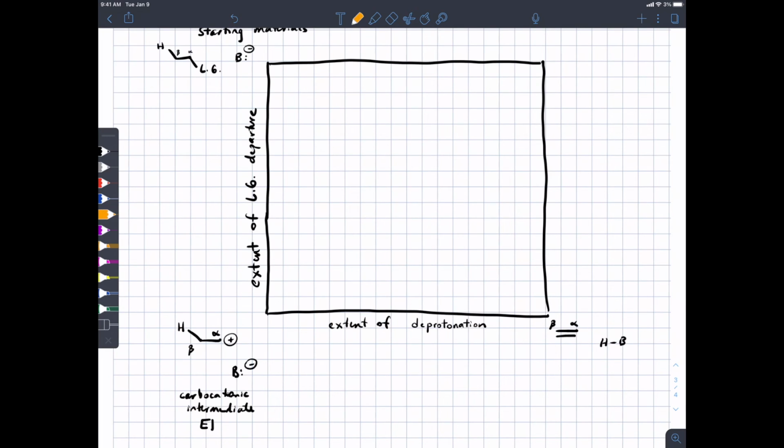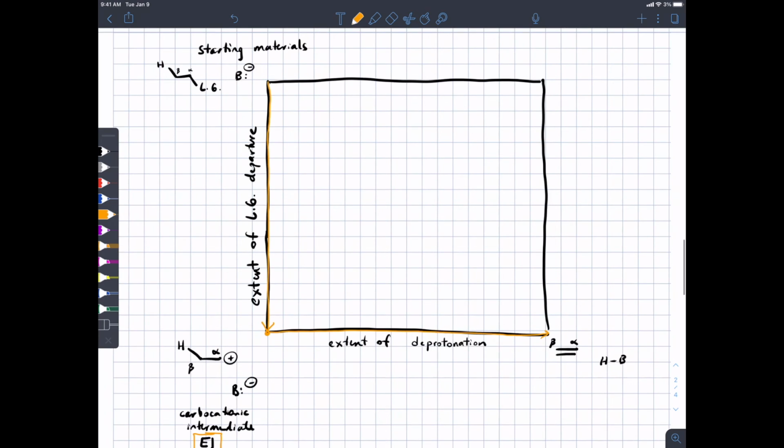So if we go on the orange pathway where we have the leaving group leave first and then we deprotonate, that is the E1 pathway. Similar to the way when we did SN1, having the leaving group leave first and then the substitution reaction described the SN1 pathway.